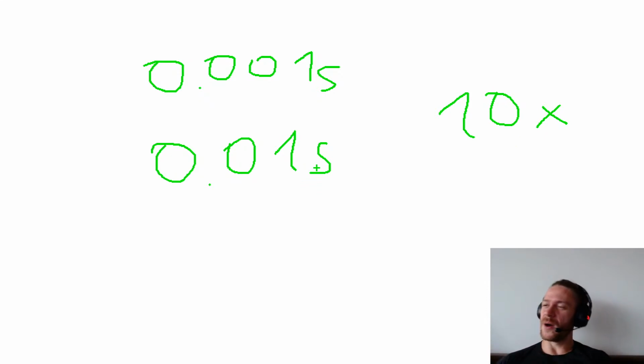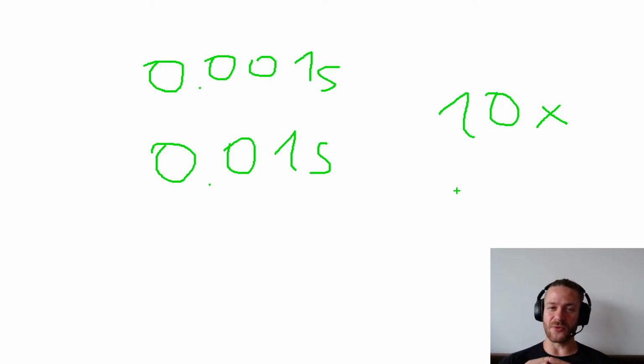If you tell somebody, hey man, I improved the performance of my site and now it's 10 times faster, he will be like, wow, what did you do? That's a huge increase. And of course, 10 times alone sounds super.